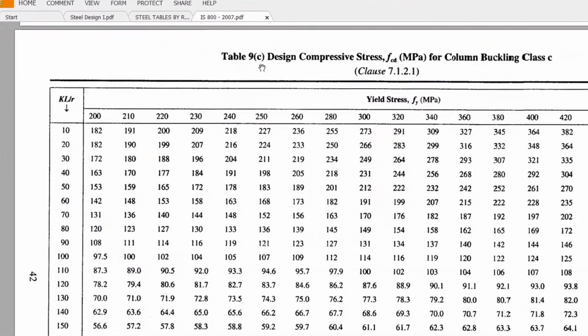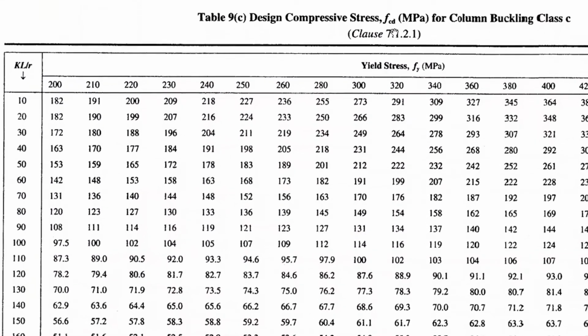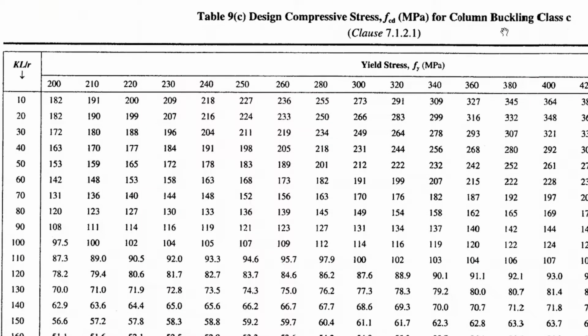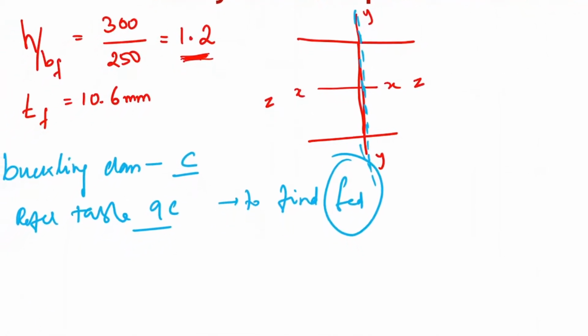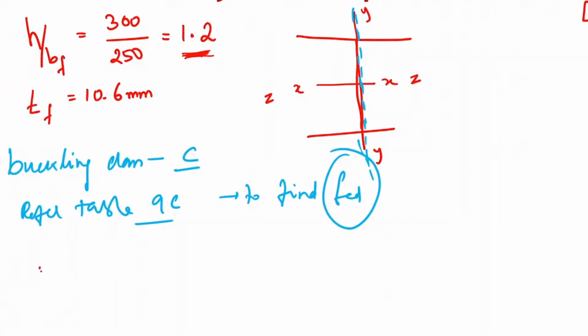Here is table 9C, design compressive stress FCD for buckling class C. Whatever value is given in this table is the design compressive stress corresponding to the yield stress, which is 250 for mild steel, and the given slenderness ratio. Now we need to find our slenderness ratio. Slenderness ratio lambda is equal to L effective by r minimum.